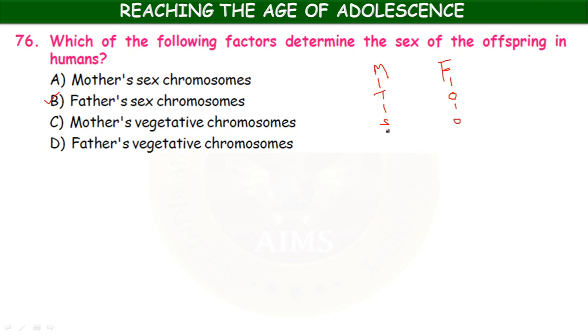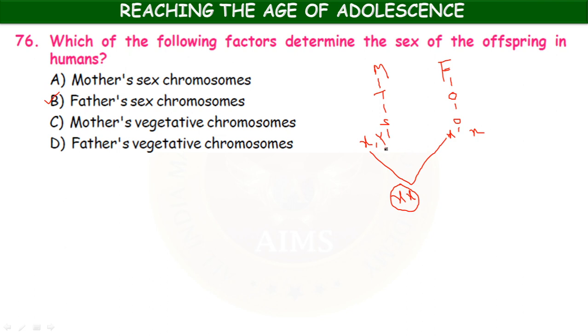Okay, some of the sperms contain X chromosome and some contain Y chromosome, whereas all ova contain only X chromosomes. If during fertilization the sperm with X chromosome combines with the ovum with X chromosome, it leads to the formation of an XX zygote, which is a female child.